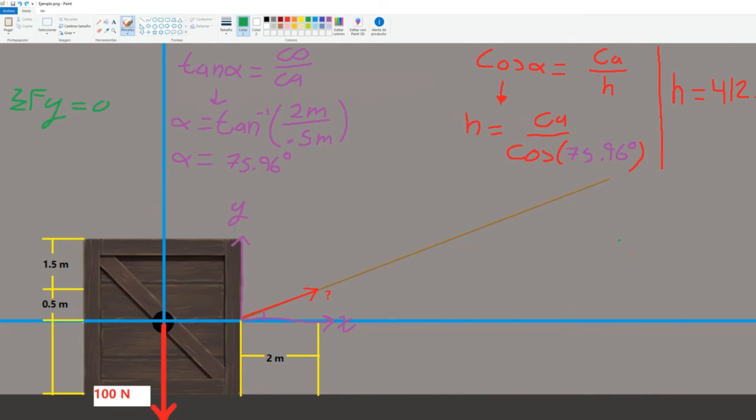Okay, let's start with the equilibrium equation for y-forces, which says that the summation of forces in y is equal to 0. We can see a force in y in the box that is 100 Newtons with the direction down, and another force in the diagram with up direction, and it's from the component of the force.